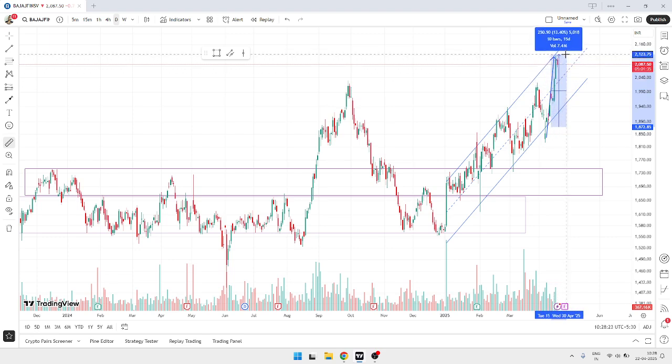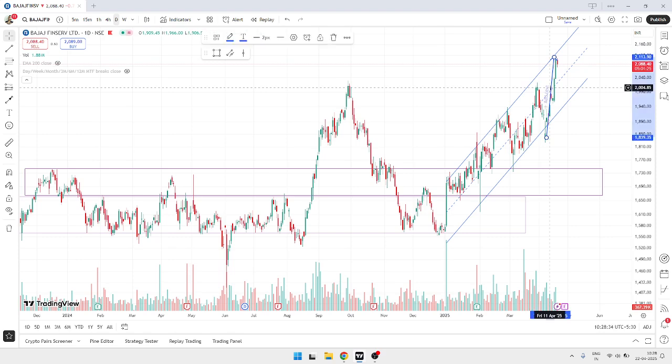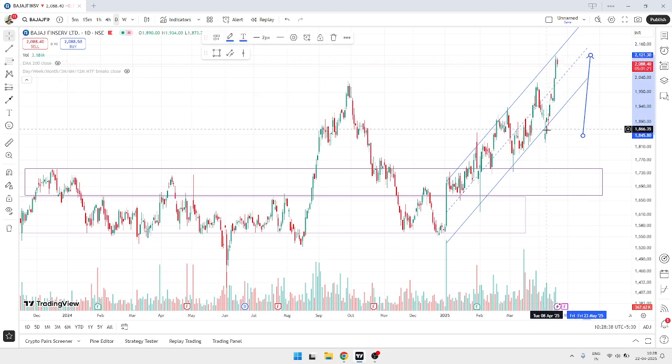How much is it? 13%. Yes, it is 13%. So in this 13% move there is no pullback. Just at this middle part there was a pullback, and so expecting a pullback, let me move to the 15-minute time frame.